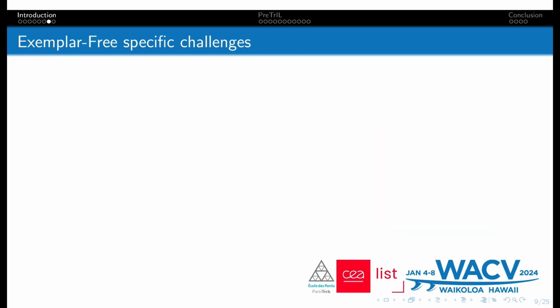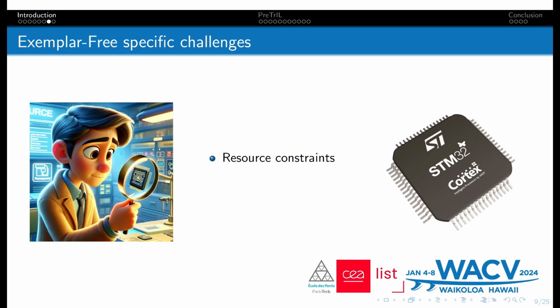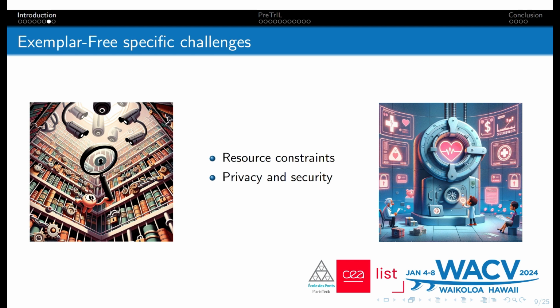So now we face some specific challenges with the exemplar-free setup. The first challenge is that we are very constrained in terms of resources. We want to embed our network, and then we cannot store everything that we would like. The second challenge that is specific to the exemplar-free setup is privacy and security.